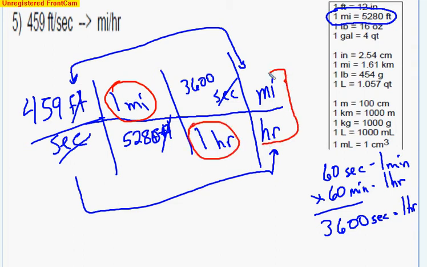So I go to my calculator and I'm going to type in 459 divided by 5,280 multiplied by 3,600.